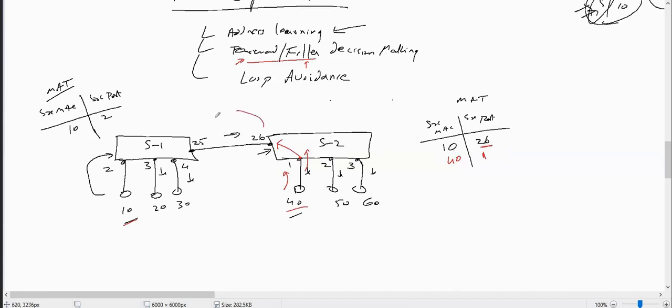The frame comes to switch 1. Switch 1 learns the source MAC address and the corresponding port number, which is 25, because I'm receiving it on that port. It will again look for the destination, which is already there in the MAC address table, so it will directly send it to that respective port.